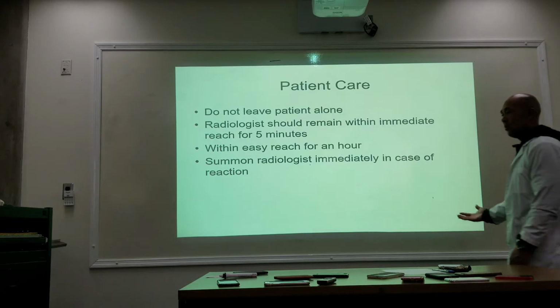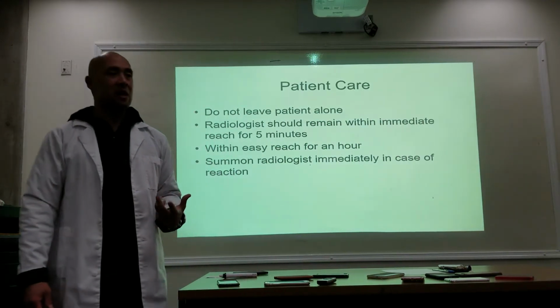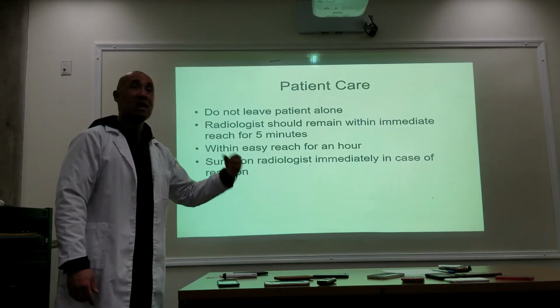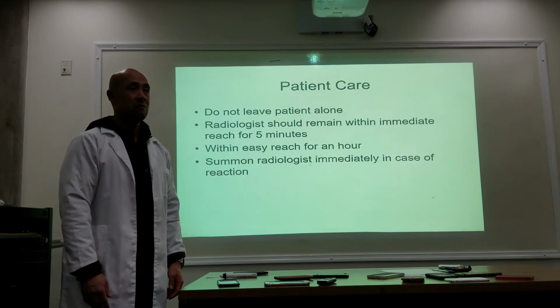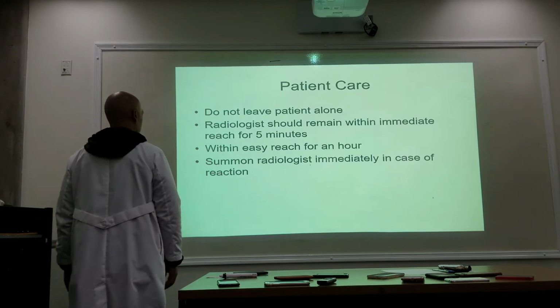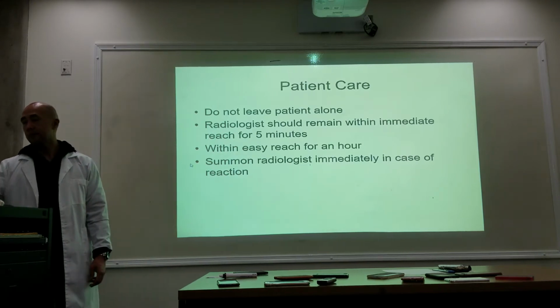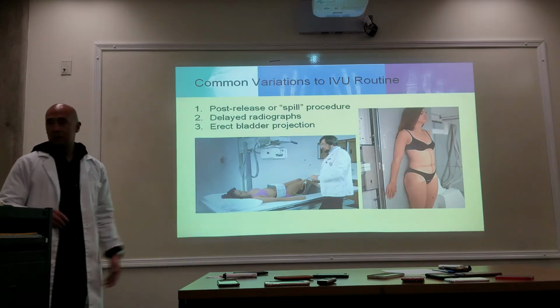Same thing happens here with the IVU. If the kidneys aren't filling up, now the doctor may order just KUBs every 30 minutes or every hour until we see the filling. Okay, so those are your delayed studies. I'll go through that in just a second.